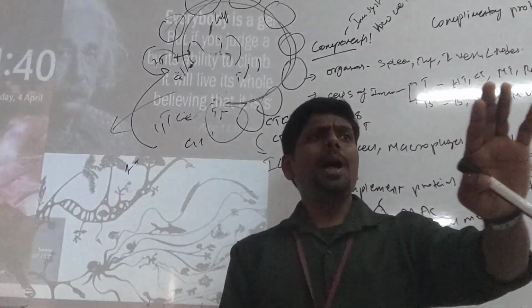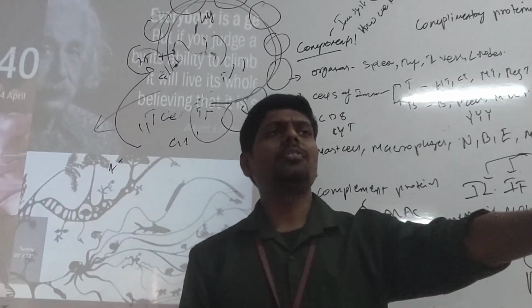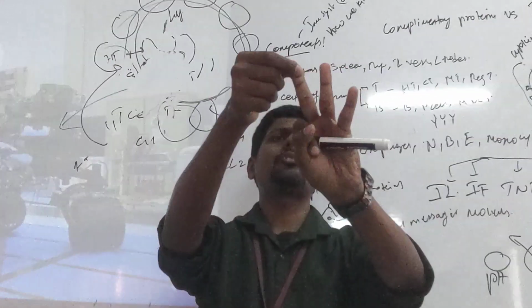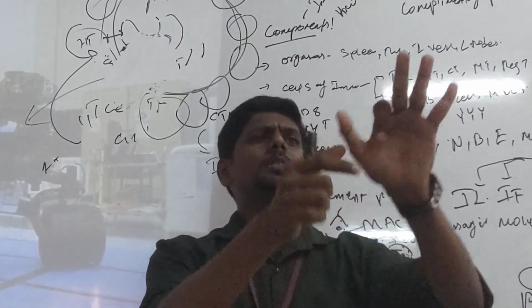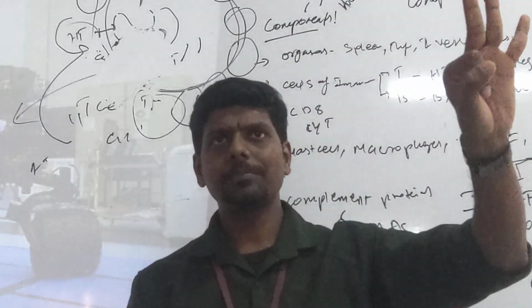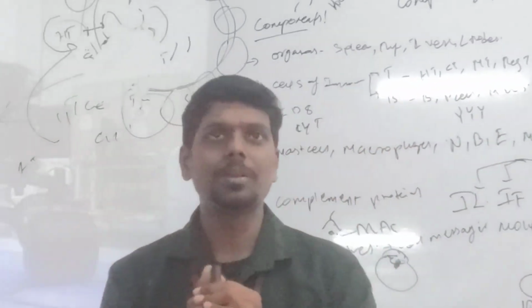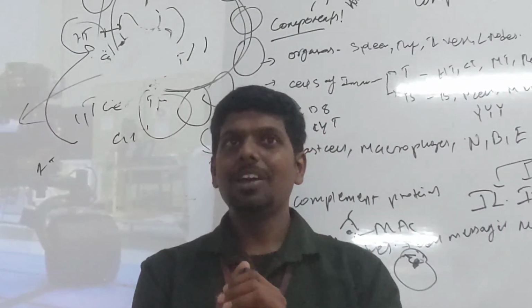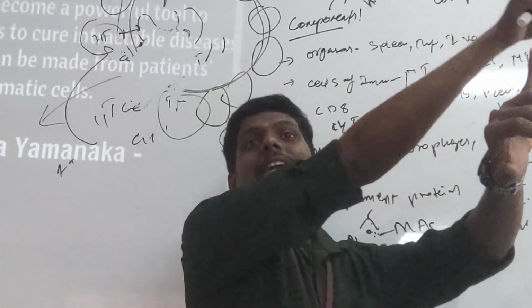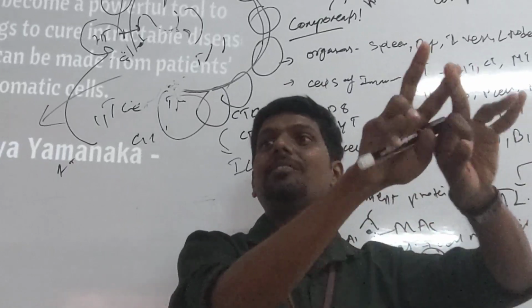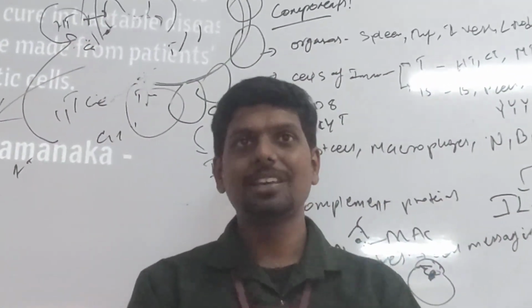Now, if you do a normal CBC test or differential count, you will only count macrophages and you cannot differentiate macrophage 1, 2 and 3, because all three look the same. How to differentiate macrophage 1, 2 and 3? It is possible. Macrophage 1 will release one type of cytokines, 2 will release different types of cytokines and 3 will release different types of cytokines.